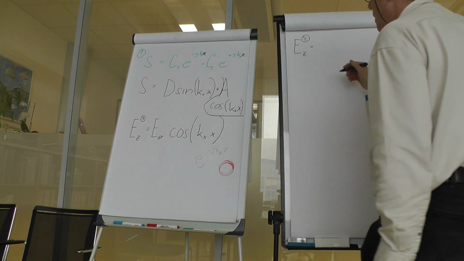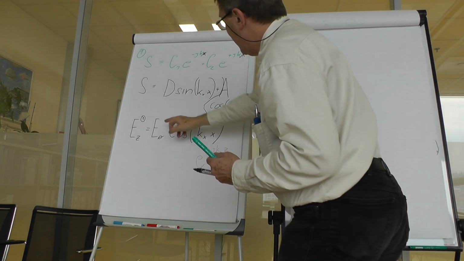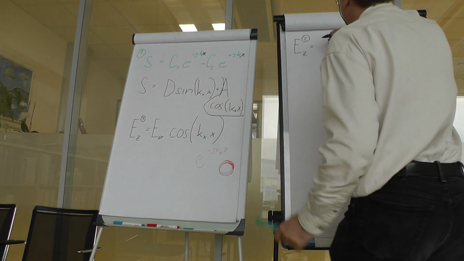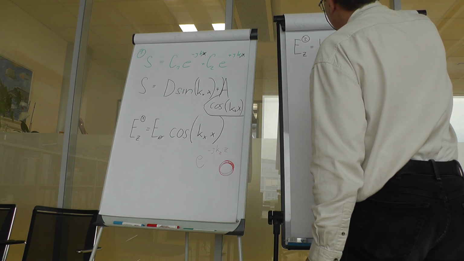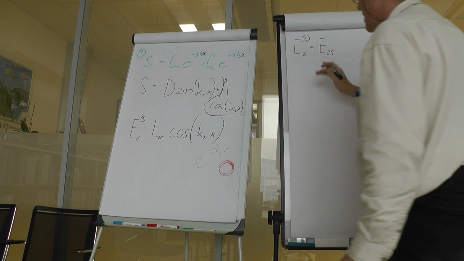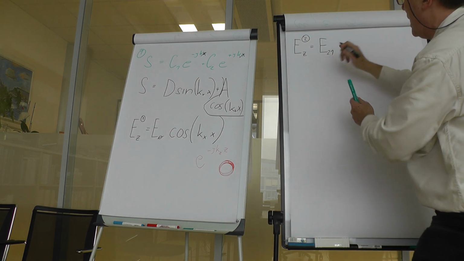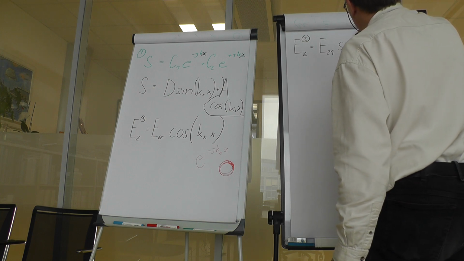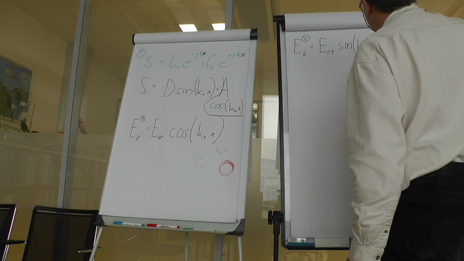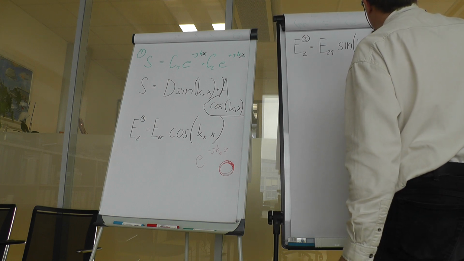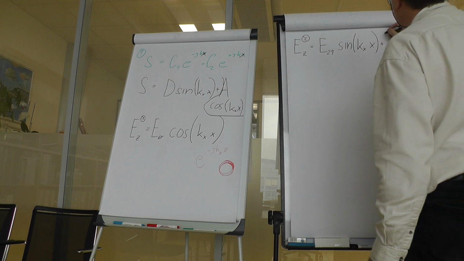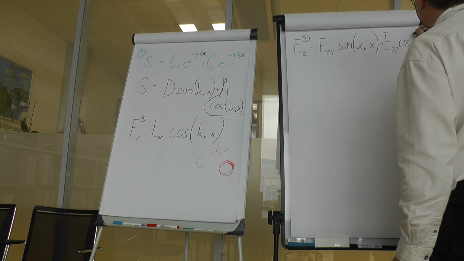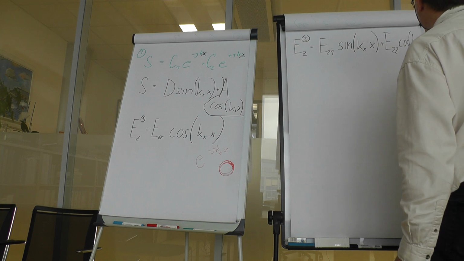Within the second layer, we will have to use some other constants. So let's call this new constant in the second layer E21, the second layer's first constant, times sine Kx x, plus E22 cosine Kx x.